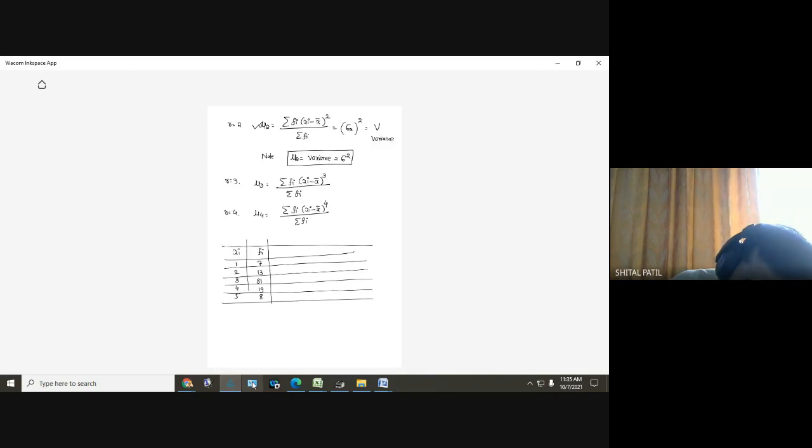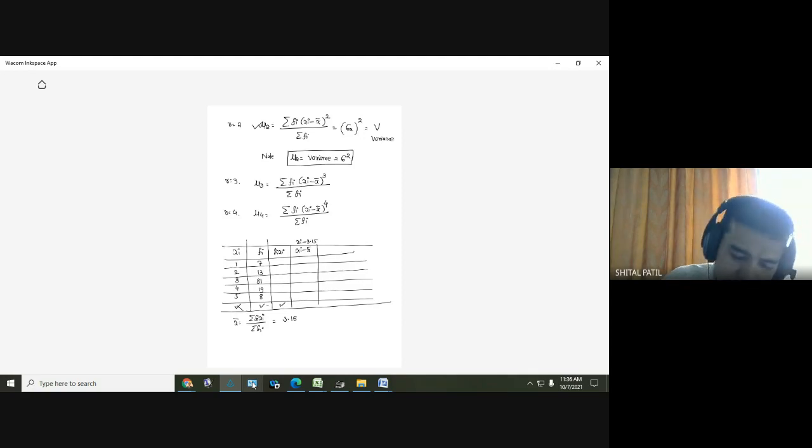X bar is not a difficult part: x bar equals summation of fi xi divided by summation of fi. I'll find fi xi, and using it I'll get x bar. Say x bar is 3.15. Then next I want to find xi minus 3.15.